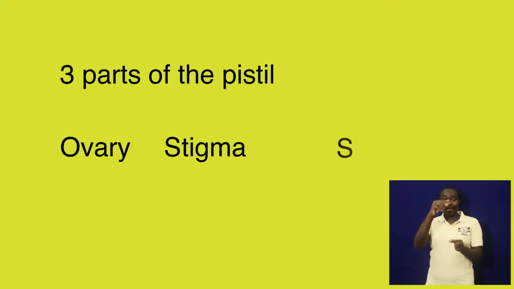Look at your bottle, this bottle. It has this shape. Let this top represent the stigma, and then this long neck represent the style, and then this part represent the ovary.